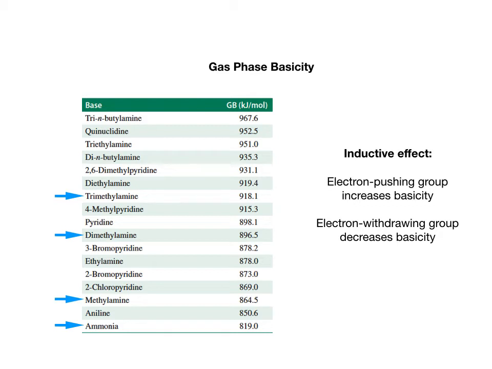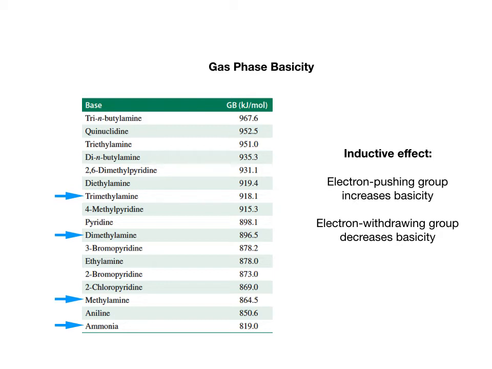It's basically the Gibbs free energy change for the ionization of the protonated base into the neutral base and a proton. So in this case, a high GB value indicates the base is stronger, because it means the protonated base is less likely to dissociate.